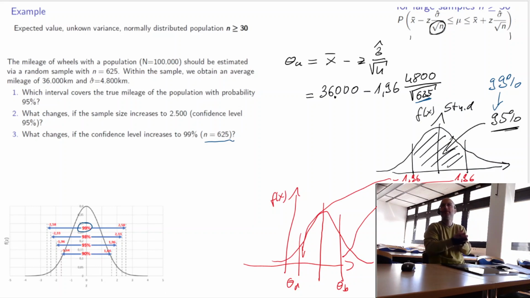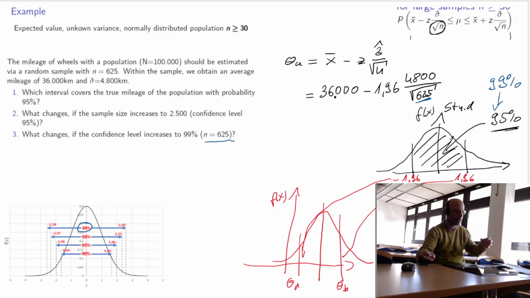And of course, if we increase our confidence level, then our interval should be broadened. You should always keep this in mind: at first you think, okay, what is changing if I'm changing some parameters?